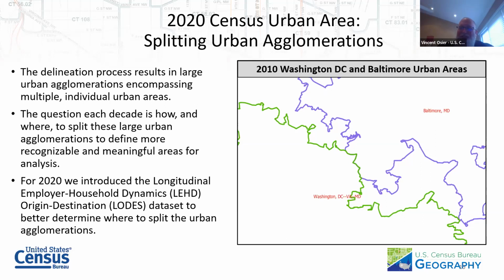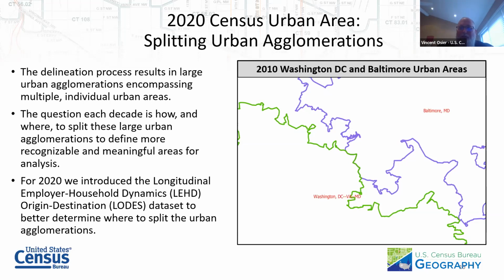wasn't defensible enough. So we came up with a method, using some other census data, the LODES data, the Longitudinal Employer-Household Dynamics origin-destination data set, which is basically commuter flows at the block level, built on state employment records that are provided to the Census Bureau, so that we can determine these flows.